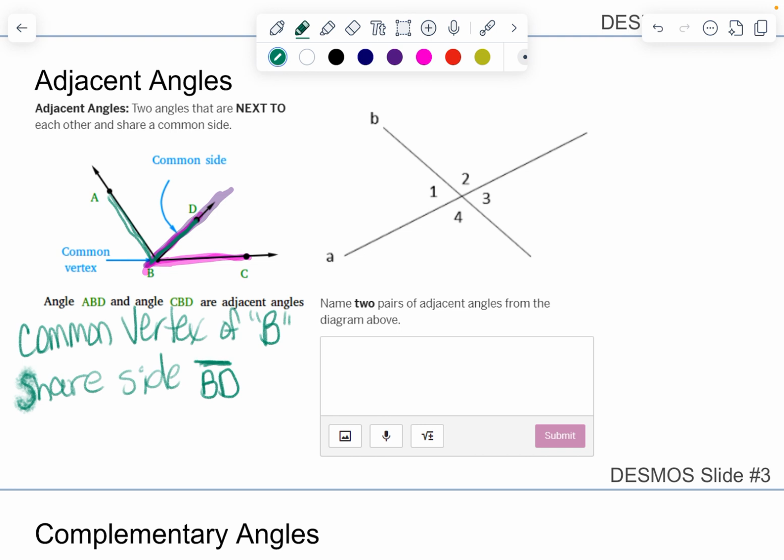Okay. Name two pairs of adjacent angles. Well, right here, angle 1 and angle 2 are adjacent angles. They're sitting right beside each other. We'll name them all. Angle 2 and angle 3 are adjacent angles.